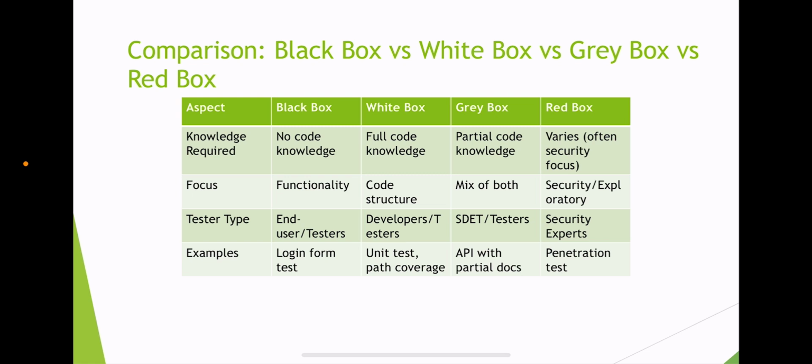And as we know from this overall discussion, each type of testing plays a crucial role in the success of any project. So I hope everyone has a clear idea about these testing types: black box, white box, gray box, and red box testing.